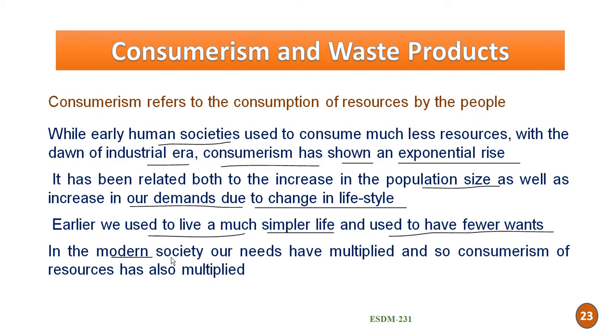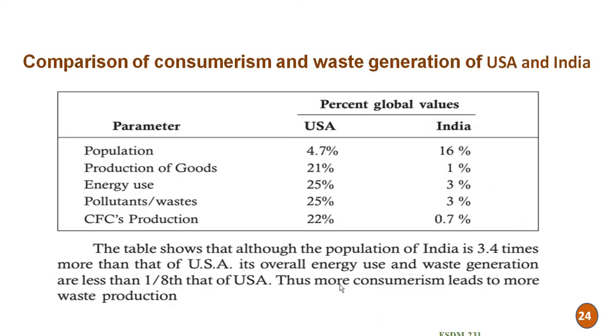In modern society, our needs have multiplied, and so consumption of resources has also multiplied. As we all know, consumerism is rising day by day, and in modern society our needs are unlimited, and that's why we move more towards the consumption of a number of resources.